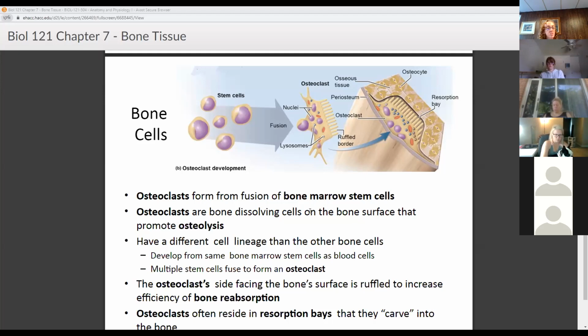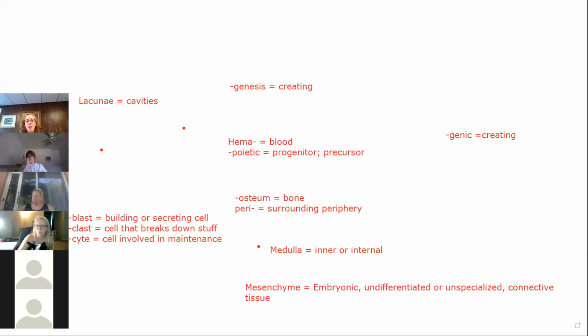Osteoclasts are bone dissolving cells on the surface that promote osteolysis. Lysis, just like we saw this word in chapter 2. Lysis means to break down.